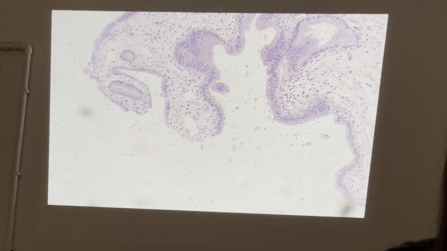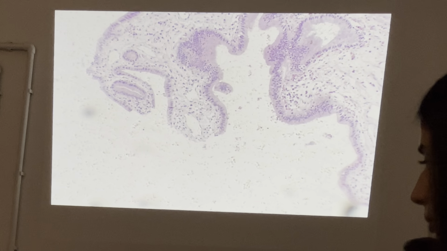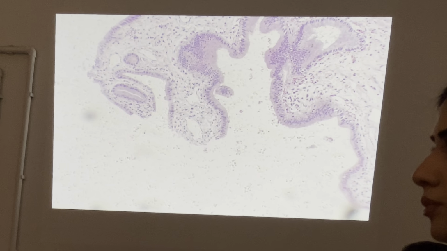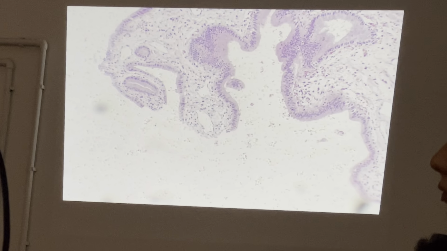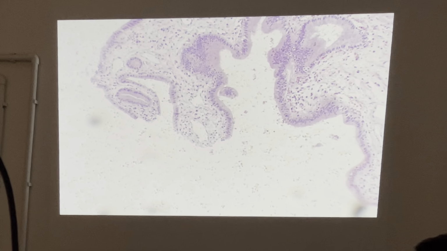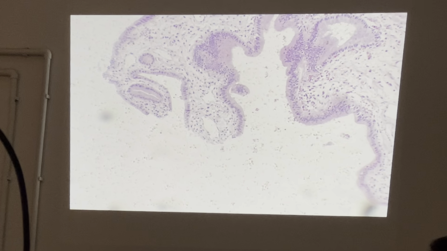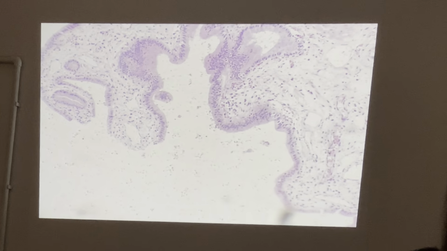What's the difference between focal sloughing and diffuse? Focal means it remains localized. But diffuse means throughout the length of the mucosa. But here, what we have is a focal sloughing of the lining epithelium.